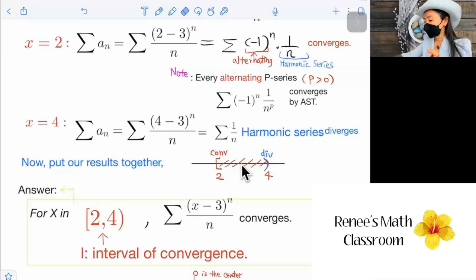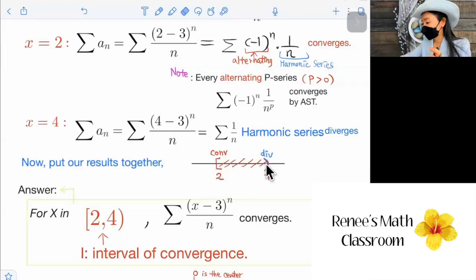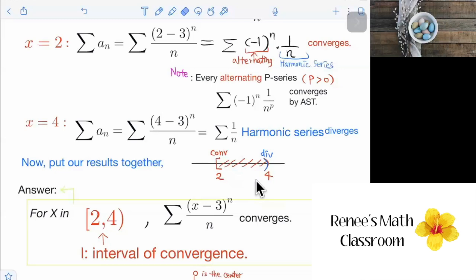So the series is going to converge inside here, including this end, but excluding this end. It converges everything inside here, and this one we already tested, it converged. This one we tested and it diverged. So we include this one, exclude this one.